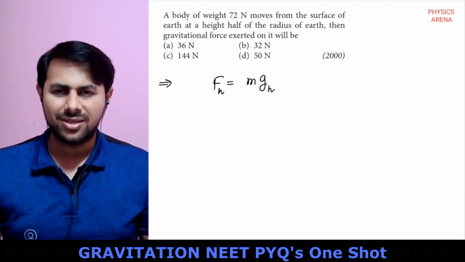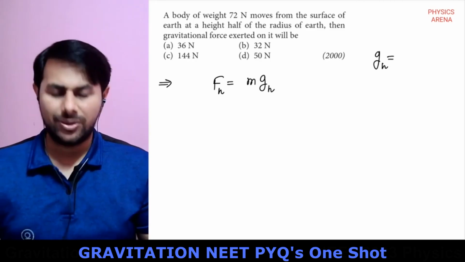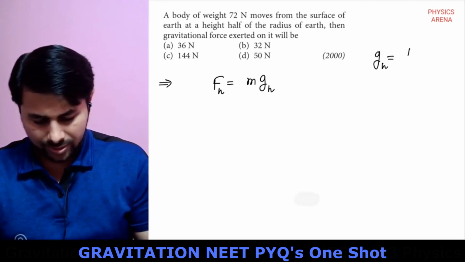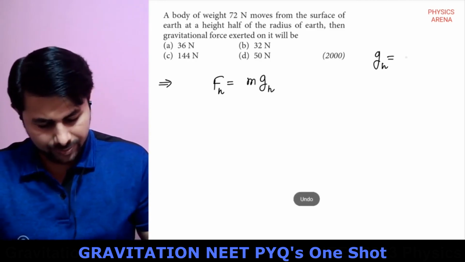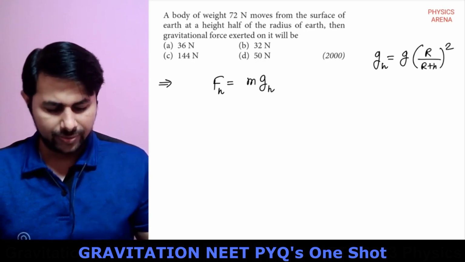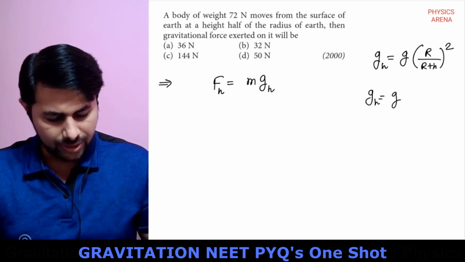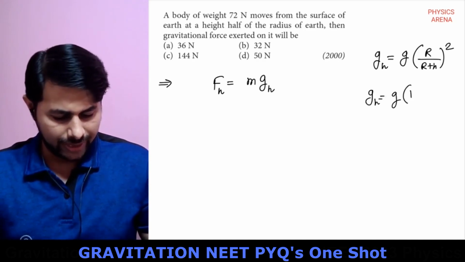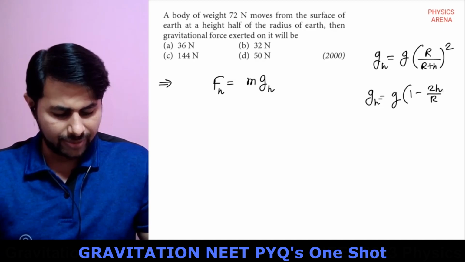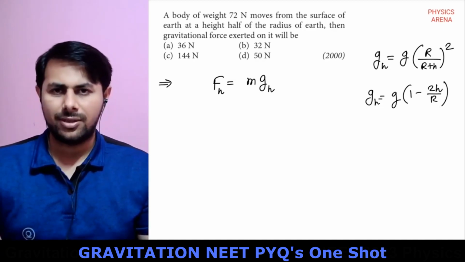Now the question is, which formula for acceleration due to gravity should we use? We have this formula, g multiplied by R upon R plus h whole square, and we have another formula, g multiplied by 1 minus twice h divided by R. So which one should we use in this question?